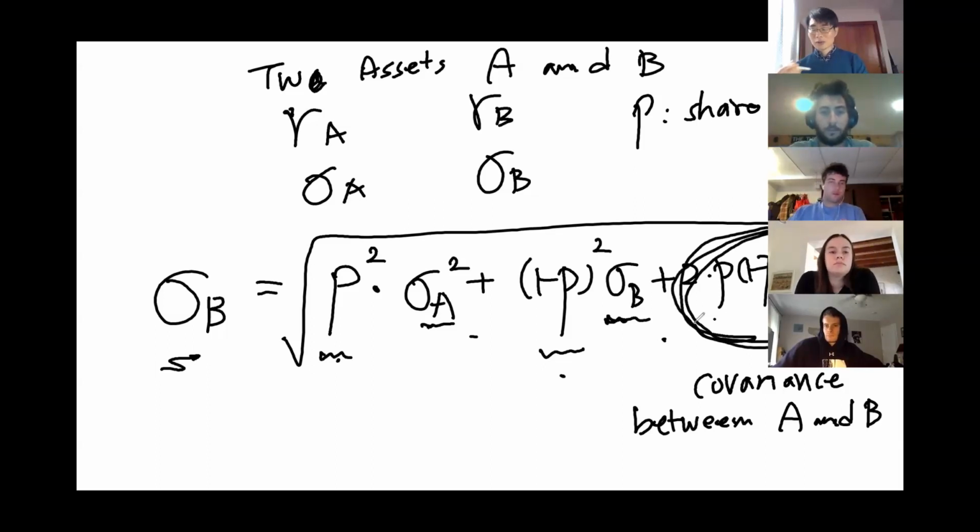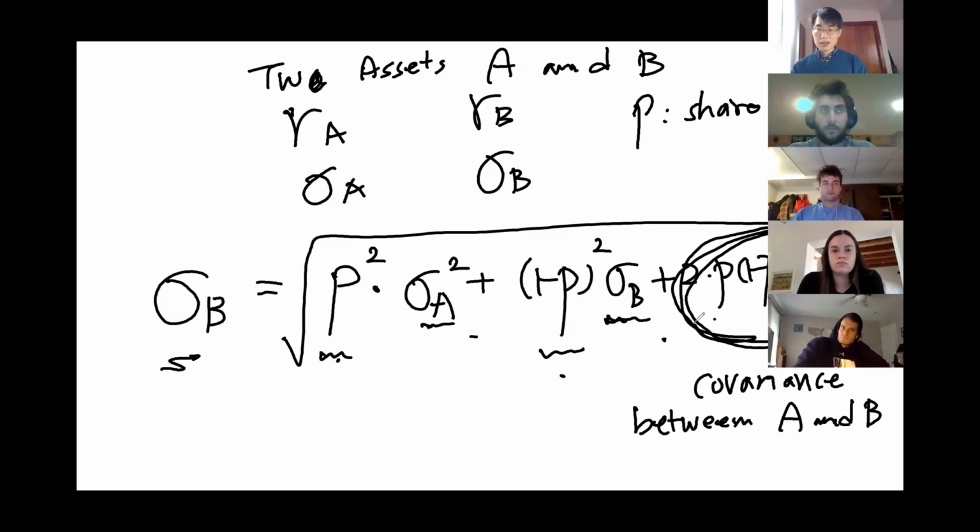So it'd be really, really nice if the risk of a portfolio were simply the weighted average of the risk of each asset in your portfolio, right? But the risk of the portfolio is not just the weighted average of the risk of each asset in your portfolio, it also involves the correlation between the two assets, right?